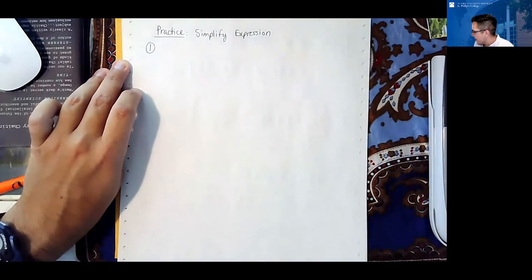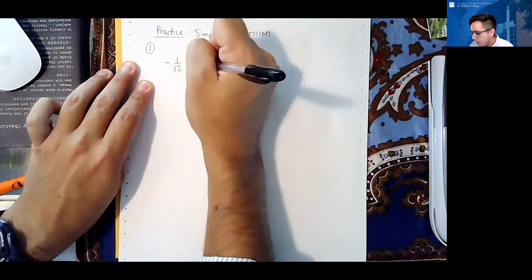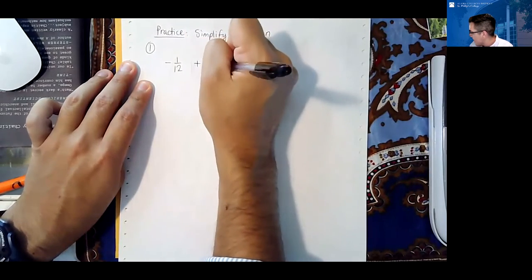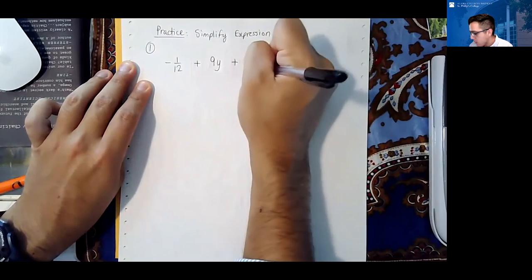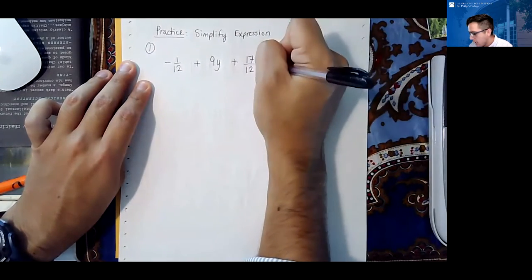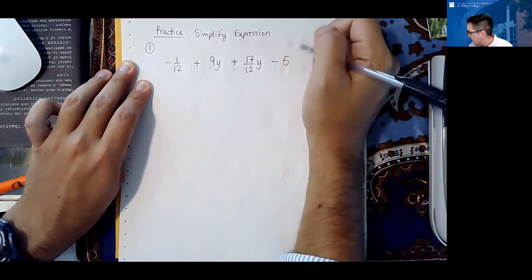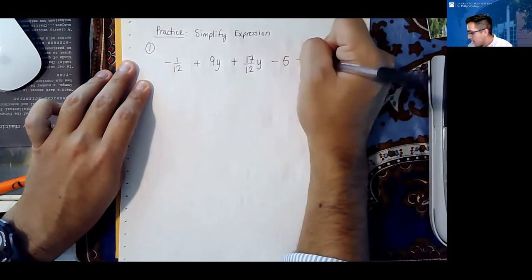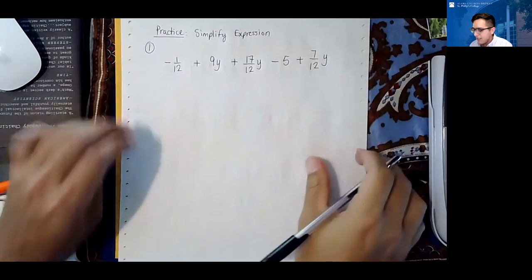So the first one is -1/12 plus 9y plus 17/12 y minus 5 plus 7/12 y.